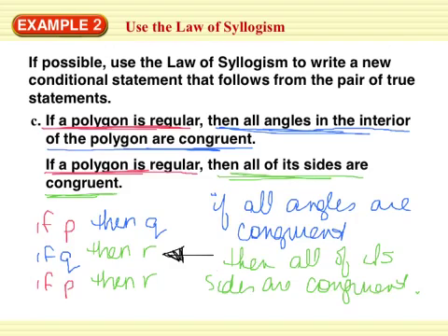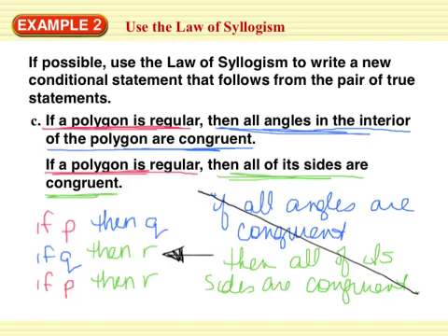Yeah, that doesn't work at all. Okay, if all angles are congruent, you can't make the conclusion that all sides are congruent. So that doesn't work. Neither statement's conclusion is the same as the other statement's hypothesis. So you really can't use the law of syllogism to write a new conditional statement.